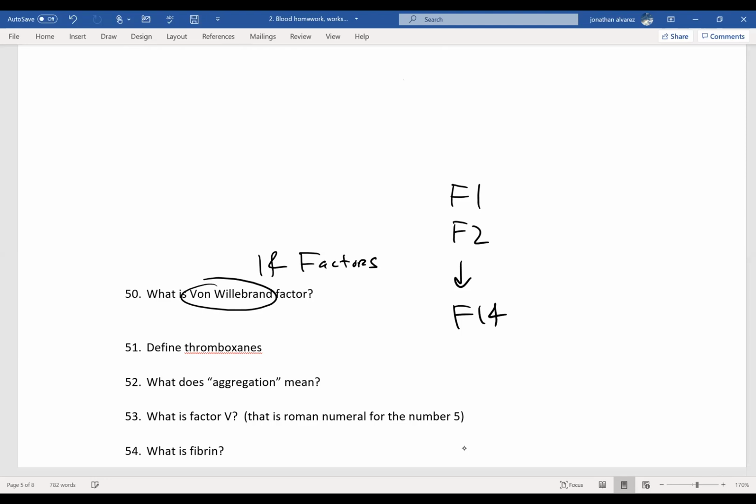But some of them, like von Willebrand factor, have AKAs, okay? Von Willebrand factor is factor 8, and it's a key part of the clotting process.